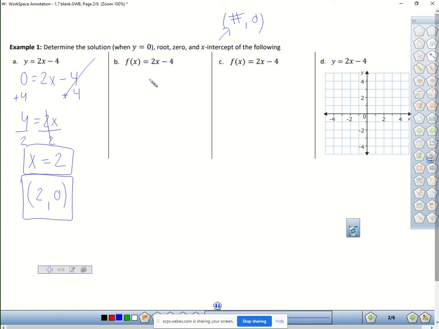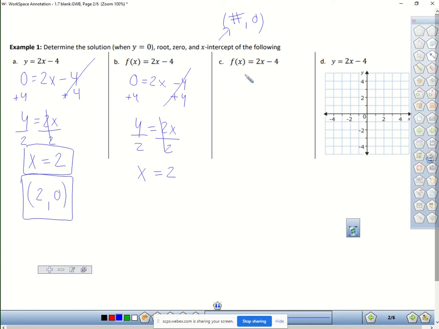All right, so we're going to try the same thing here. The x-intercept of the following, well, we basically did the same exact thing. We would set this equal to 0, and we would solve, and we would get x equals 2 again.